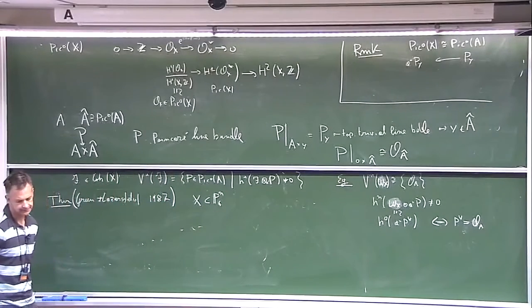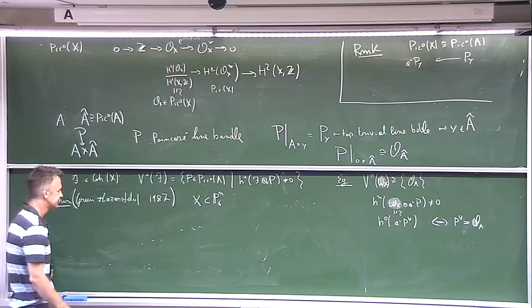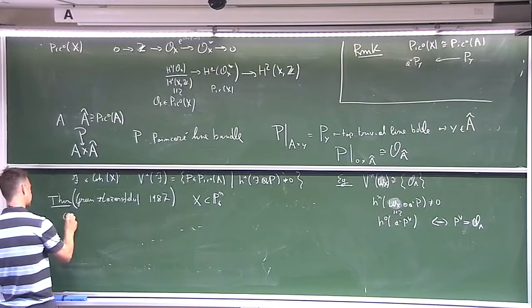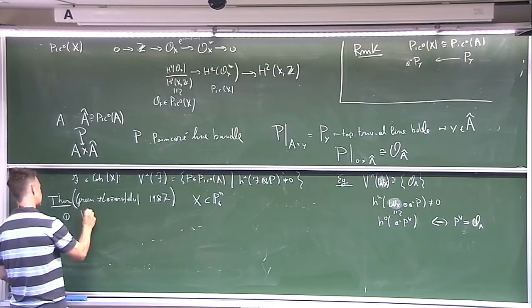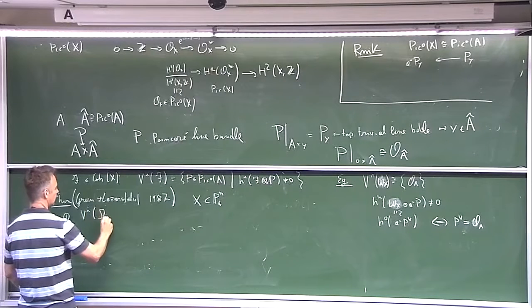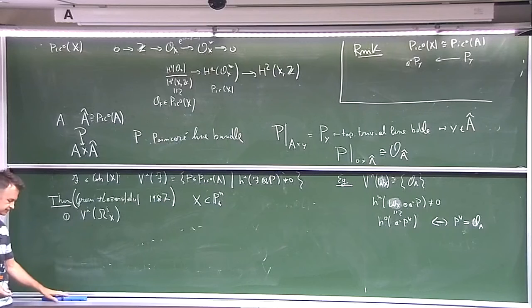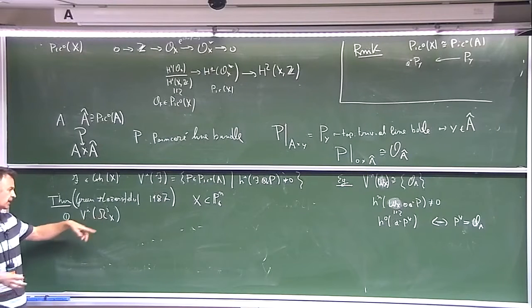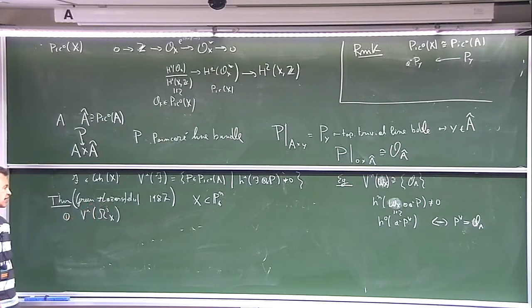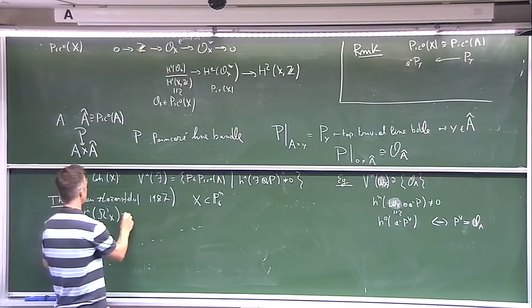And then it tells you several things. So first thing, if you look at these loci V^i of omega^j of X, so this is the jth exterior power, holomorphic j-forms on X. We're looking at the set of topologically trivial line bundles such that the corresponding cohomology group does not vanish. Maybe I should emphasize it.